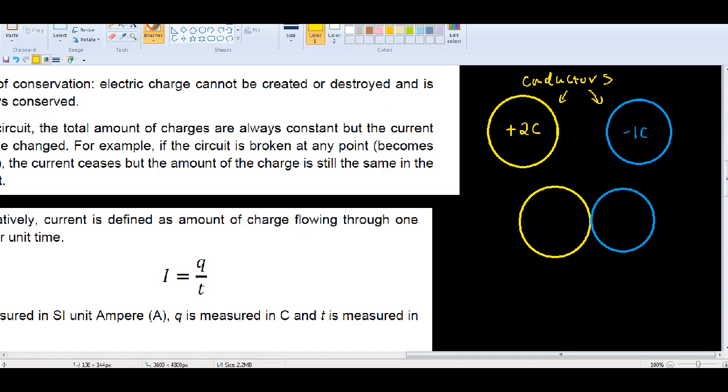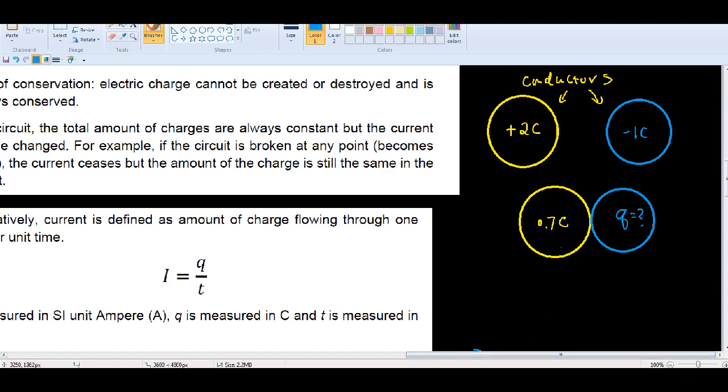But if I know, I mean if, so it's just randomly taken, right? If I know here is 0.7 coulomb, what will be the charge on the other one? Let's say the charge here is Q, which we don't know.